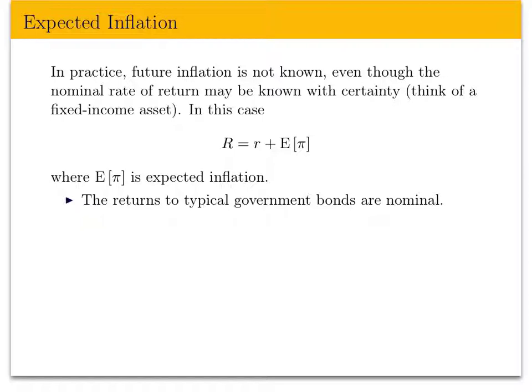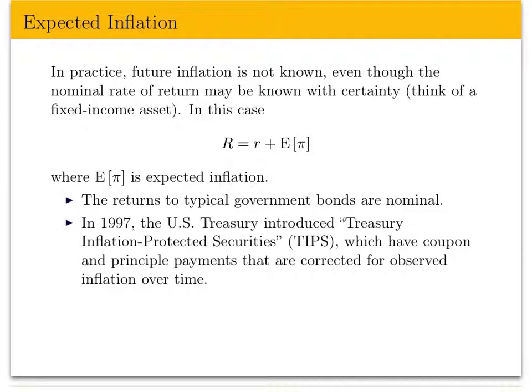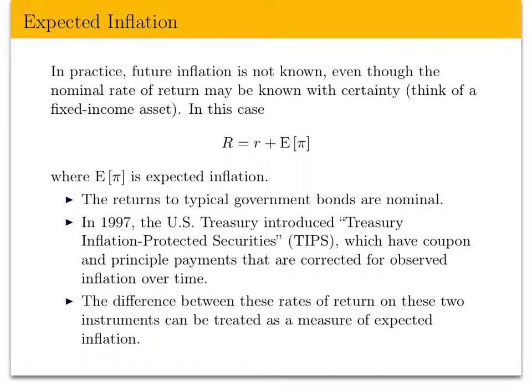Now if you take a typical government bond from the U.S. Treasury, the return on that is a nominal return. However, in 1997, the U.S. Treasury introduced what are known as Treasury Inflation Protected Securities, or TIPS. And these securities have coupon and principal payments that are corrected over time for observed inflation.